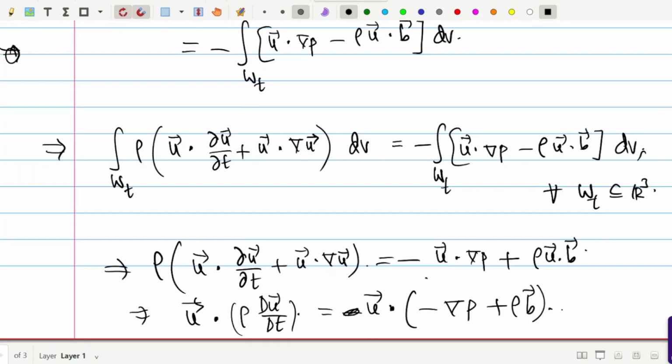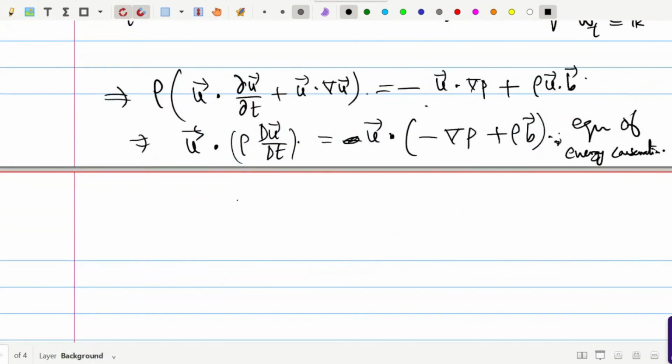So you remove U bar, this is true for every U bar, right? So this is the equation of energy conservation, right? How do you get this? You get it only from your conservation of momentum.